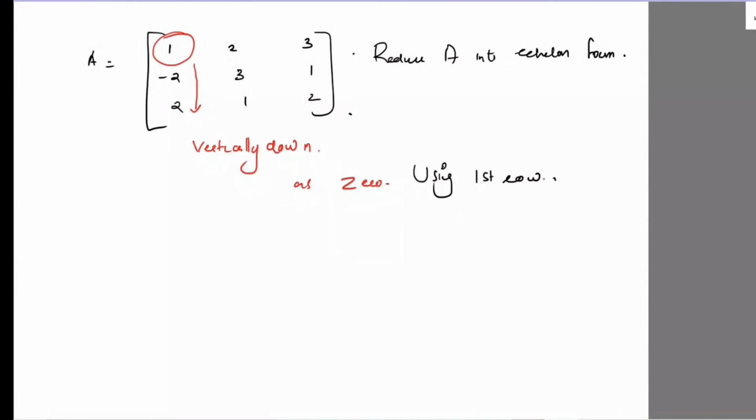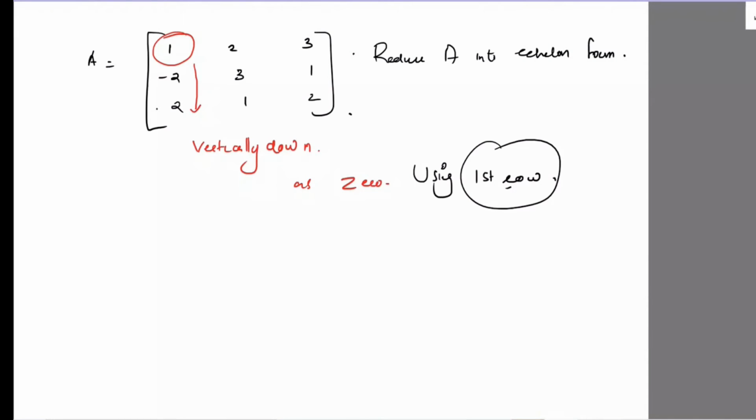Because the leading coefficient lies in the first row, we are going to use the first row to make all the entries vertically down to this one as 0 using some elementary row operations. So I am going to make this minus 2 and 2 as 0 using the first row. What elementary row operation can we apply to make this minus 2 and 2 as 0? We can use only the first row.